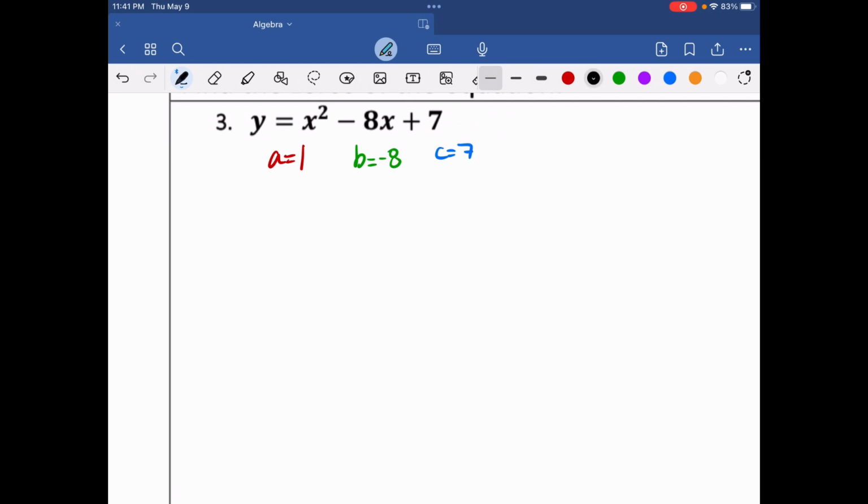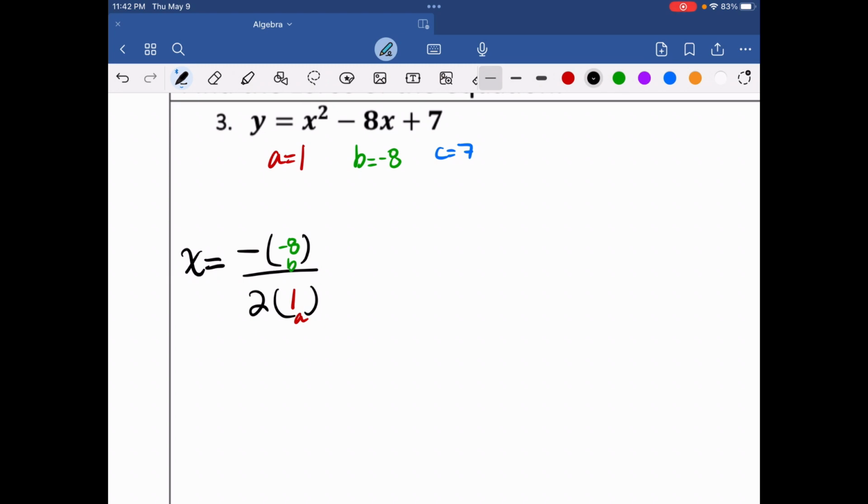Now we are going to use the formula x equals -b/2a. And actually I should be putting parentheses, -b over 2a. So at the top we have b and then we have a. b was a -8 and a was a 1.